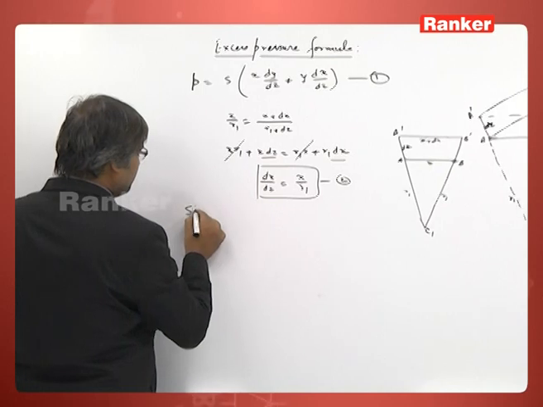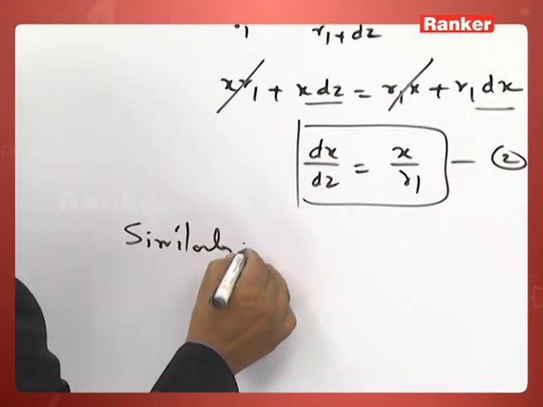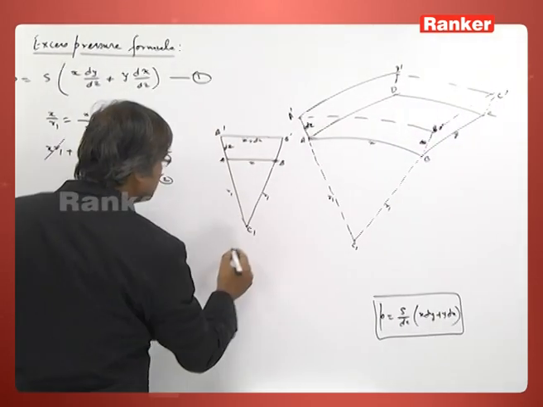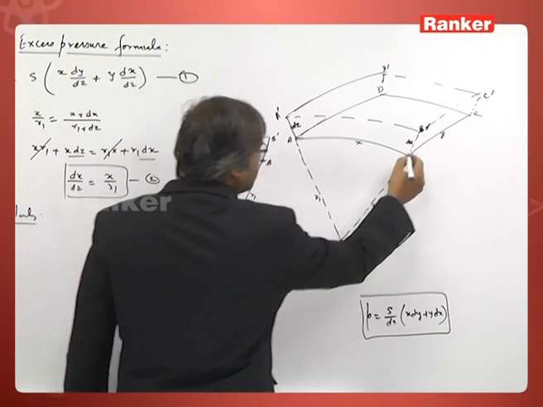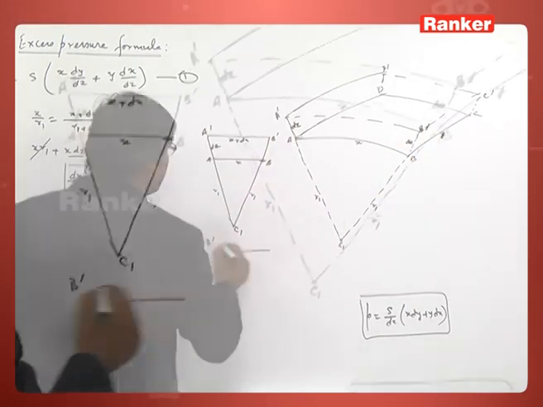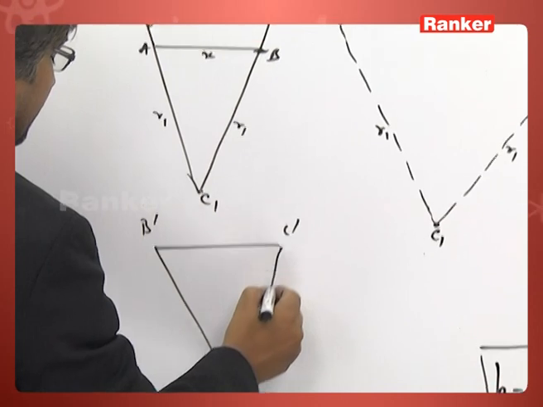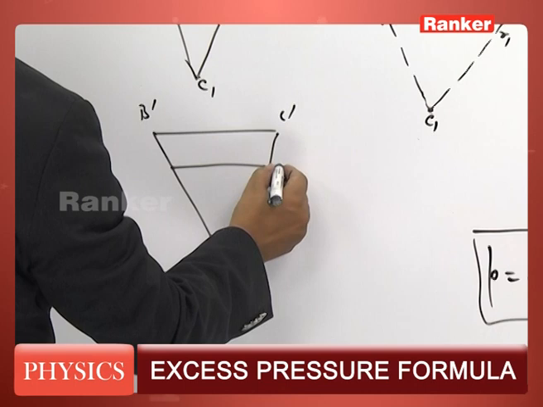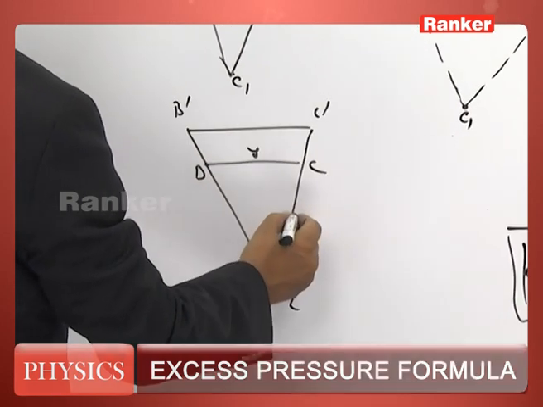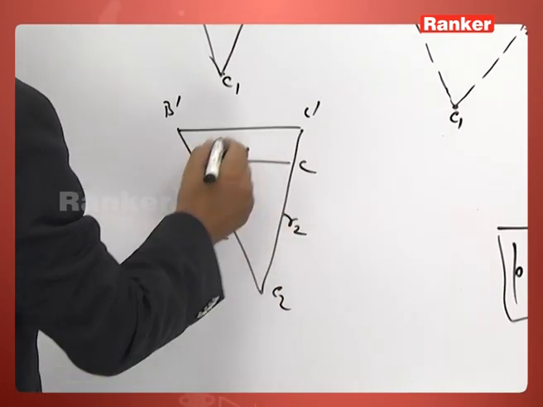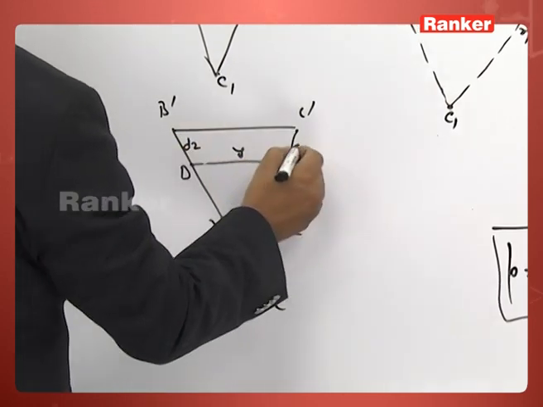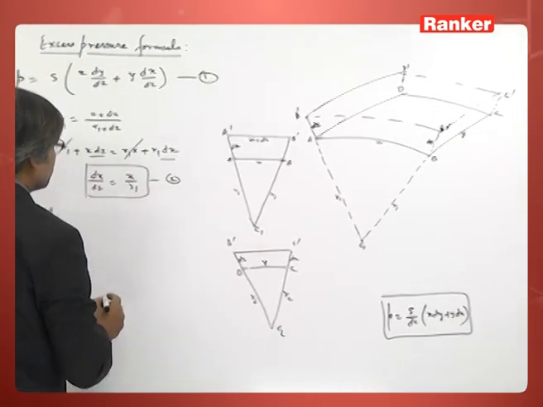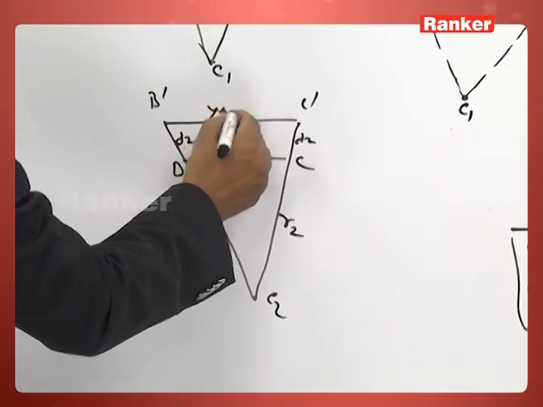Similarly, we have these triangles which I have not shown, and now I am showing here. This is B dash C dash, and this is the point C2, and this was BC. This was equal to y, this is R2 and this is dz. Suppose it has changed by dz amount. Here you can see this is y plus dy.